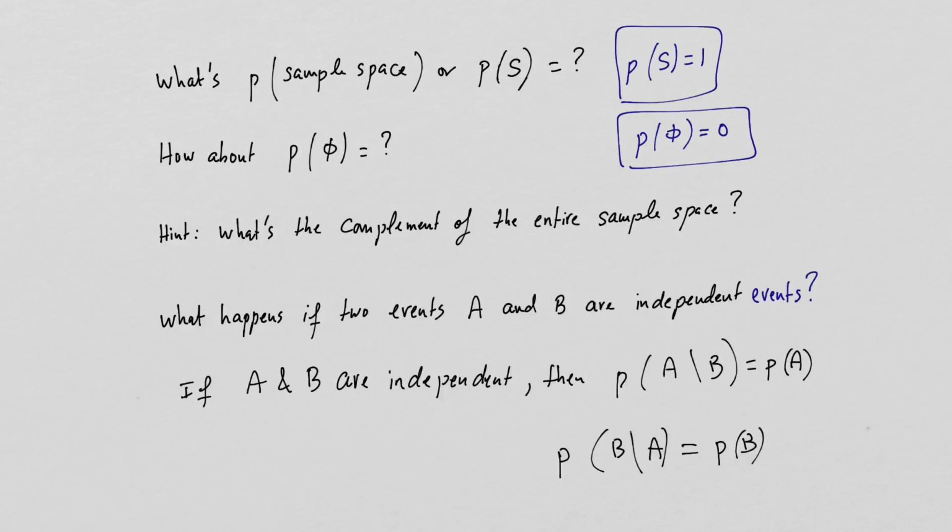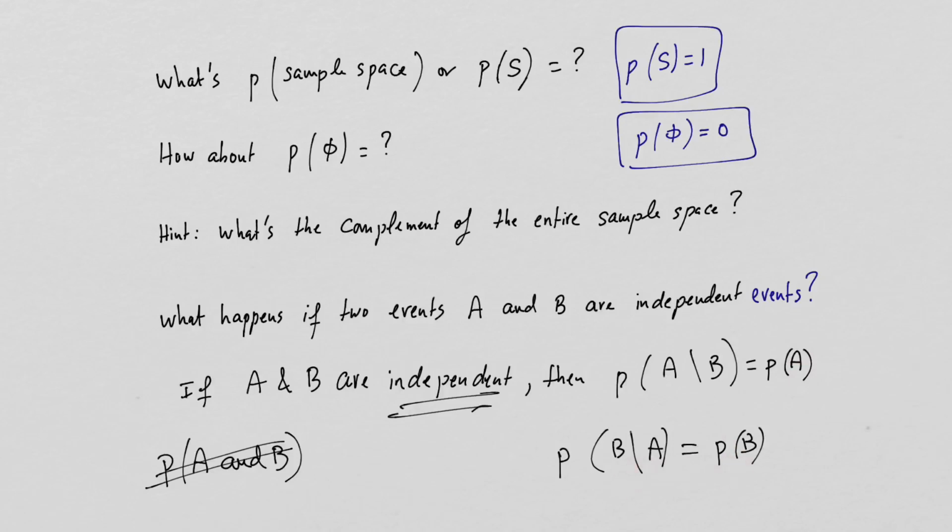That is one way to prove independence. There are other ways that deal with the conjunction, P of A and B. But for now, you don't have to worry about it. So to prove that two events are independent, you just have to check either that these two are equal or check that these two are equal.